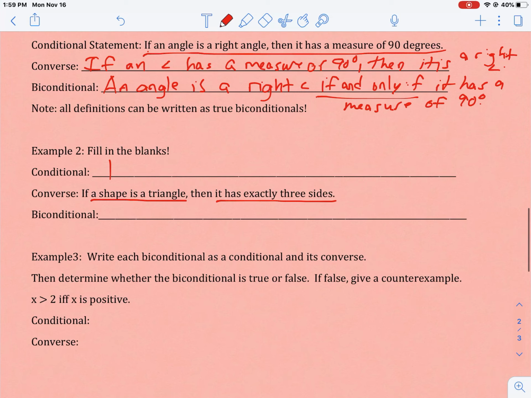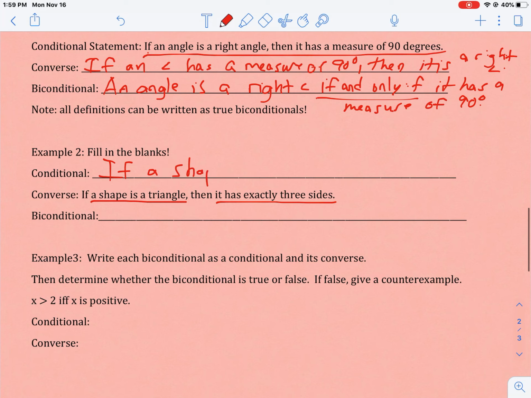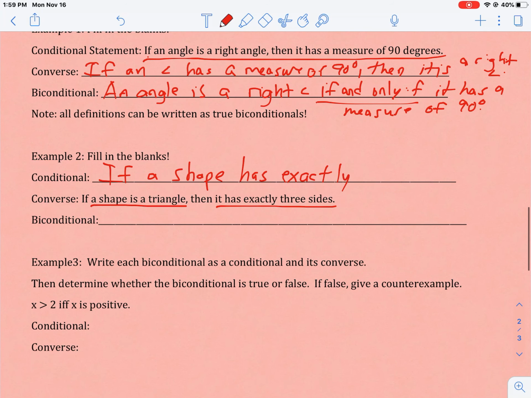So now, the original conditional must have been: if a shape has exactly 3 sides, then the shape is a triangle.